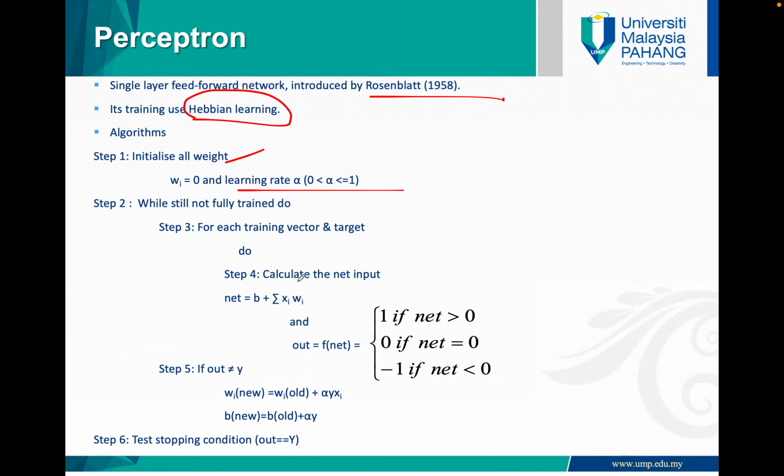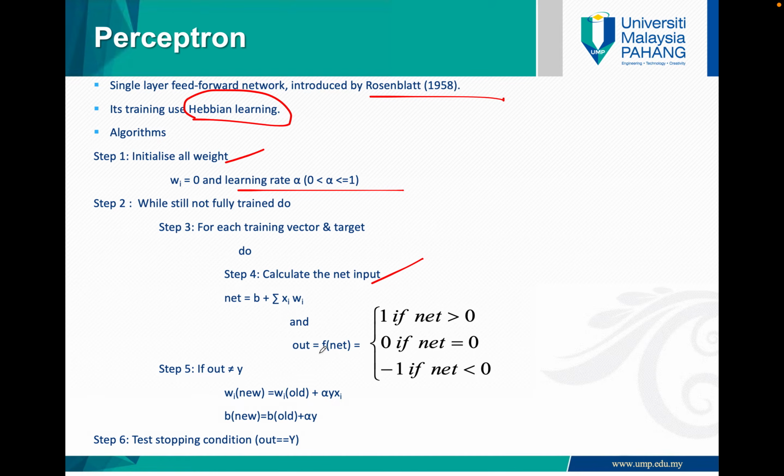For each training vector and target, we calculate the net input. In this net input, we add the bias plus the total of input times the weight.